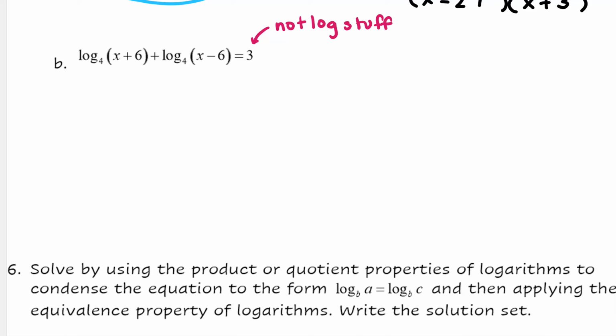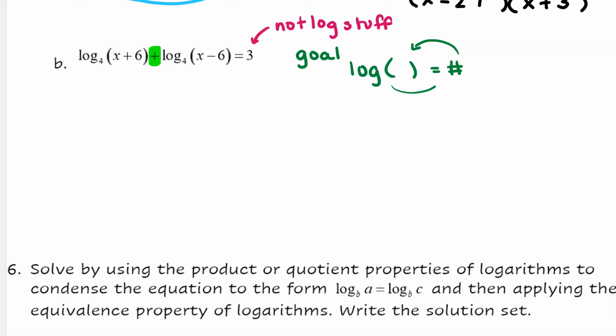Since you have this 3 that's not log stuff, you can't get log of this equals log of that because you have a number. So your goal is to have single log equals a number and then flip it around. So here we're going to use the log rules. What does plus in between change into if we were going to condense?